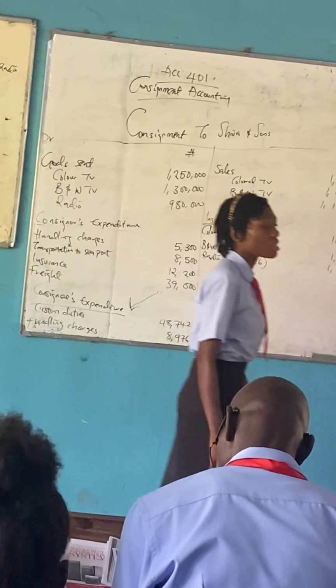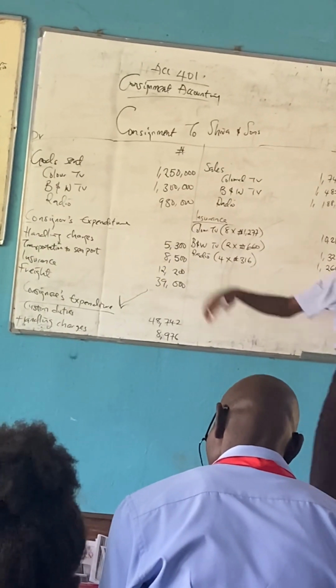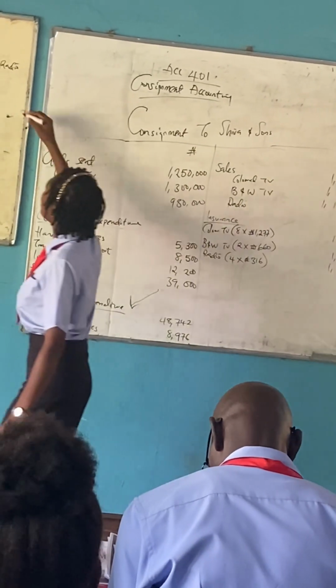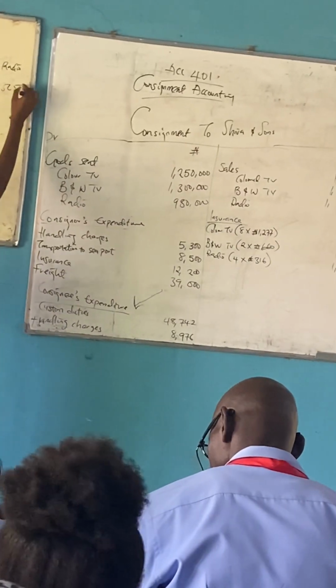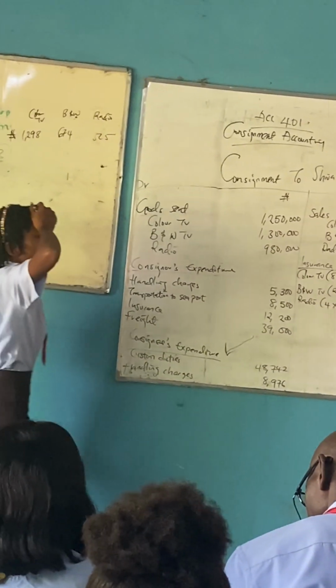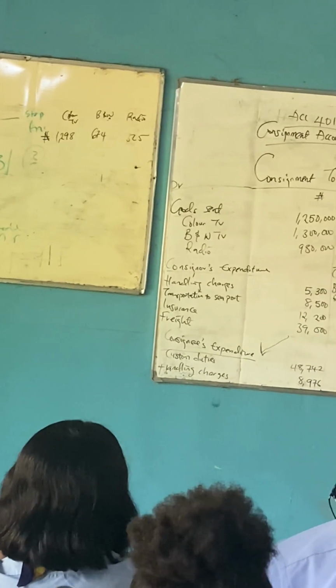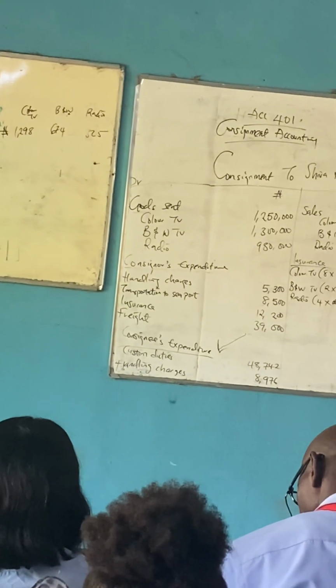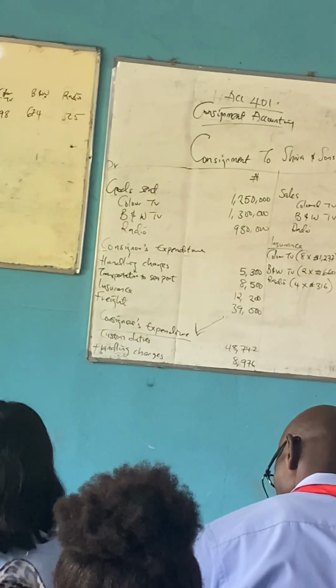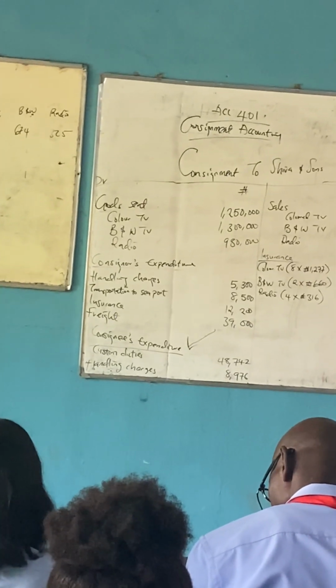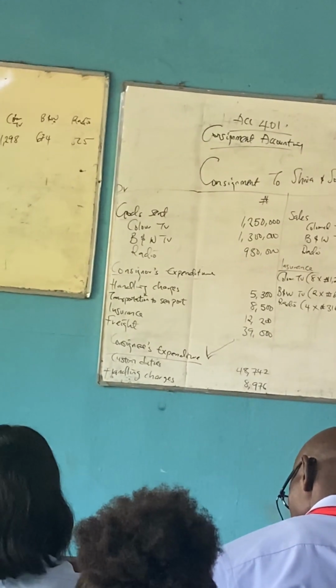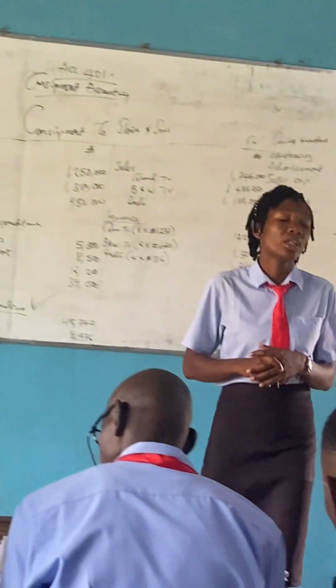I don't have space, so I'm dividing. 325 is the cost per one set of unsold goods. Are we there now? The cost for one set of anything that is unsold: one unsold television, one unsold black and white, one unsold radio.